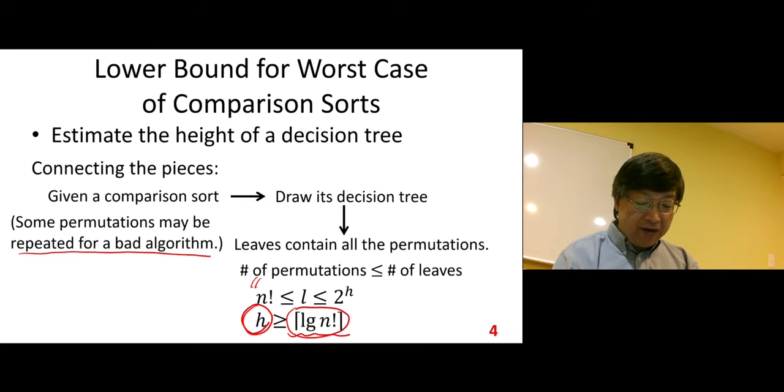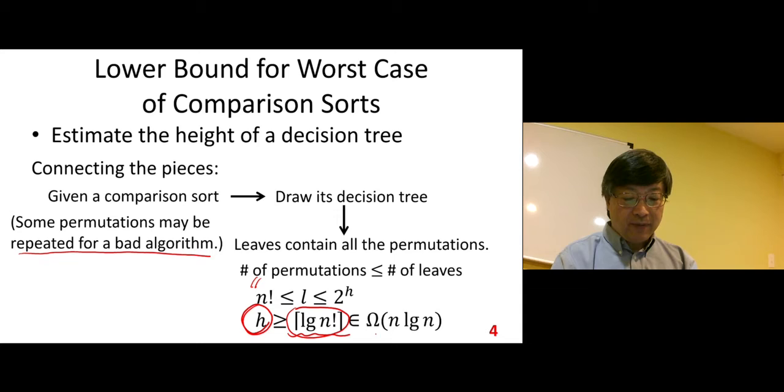And this lower bound, which asymptotic class does it belong to? Based on our knowledge, we learned it before: log n factorial. We did this before, right? With the Stirling formula, we know we can use that.